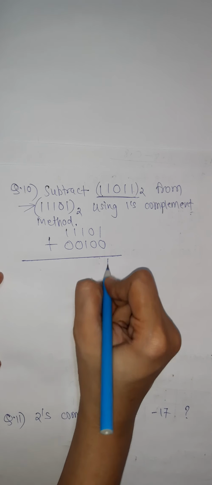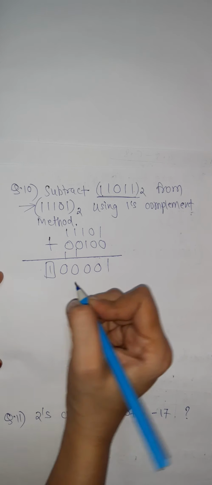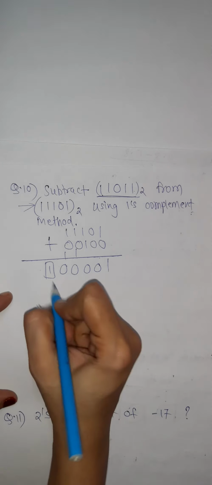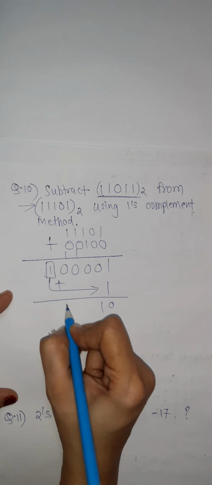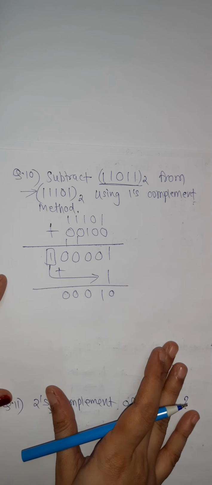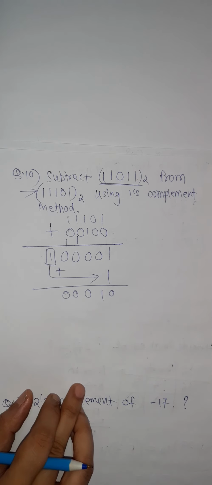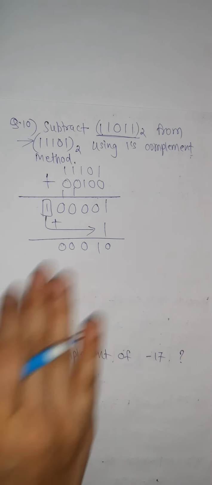Now perform addition. 10110 carry 1, 110 carry 1, 110 carry 1. Now the carry is coming 1. While performing subtraction using 1's complement, if the carry is 1, then add this carry here. So perform addition again. 110 carry 1, 000. So the subtraction result is 00010. This is the final answer using the 1's complement method.